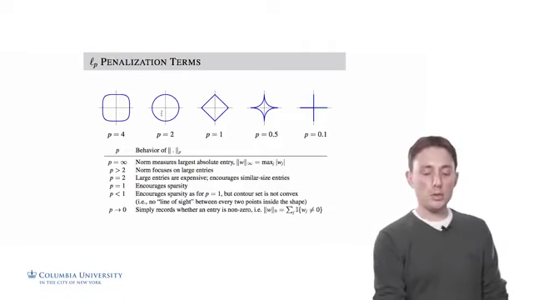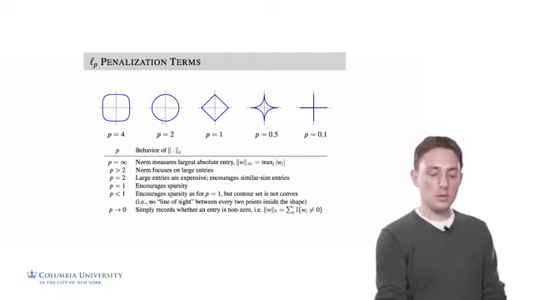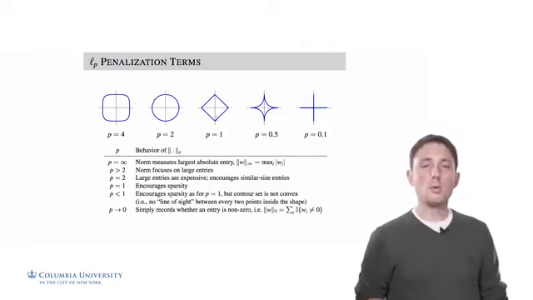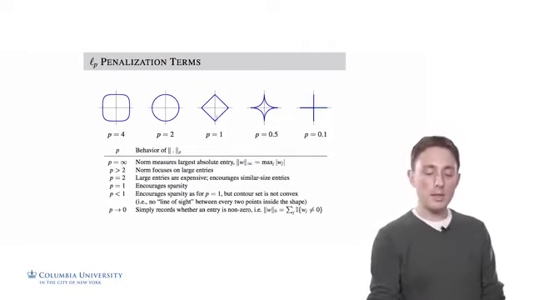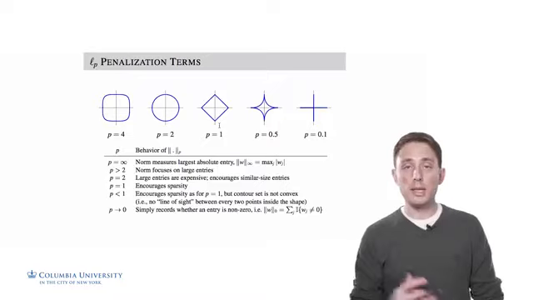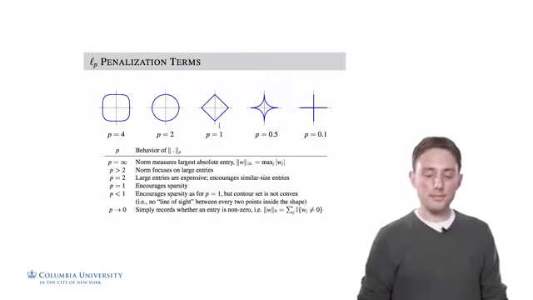When P is equal to 2, we penalize all vectors W along a circle equally. Any solution W that falls along this circle is going to pay the same price according to the penalty term. When P is equal to 1, we get this diamond. The L1 norm of any vector along this diamond is equal to that of any other vector along that diamond.